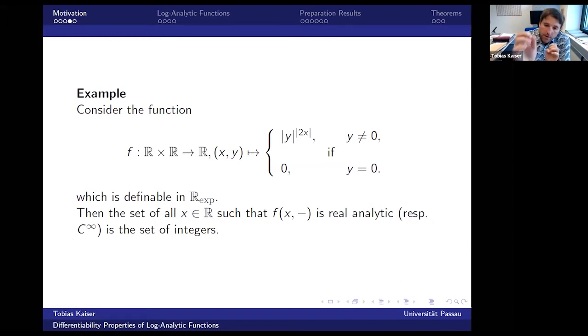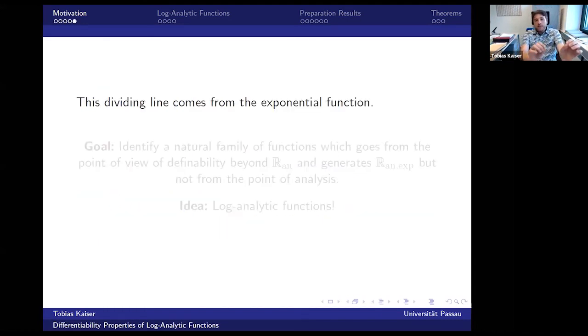So if we have the exponential function, then Thom's theorem or some version of Thom's theorem does not make much sense in the tame setting. And this dividing line from the R_an structure to the R_an,exp structure comes really from the exponential function. Well, the smallest example: the exponential function gives flatness, gives C infinity, but not analyticity.